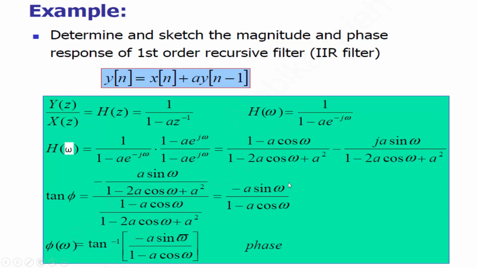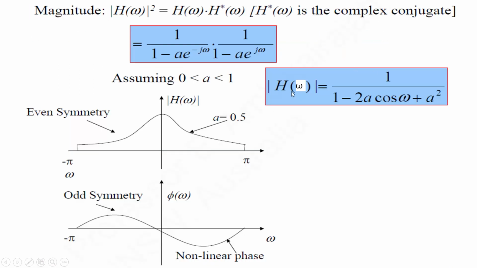All right, and you can further simplify, and you get this magnitude response. Further, assuming 0 is less than a is less than 1, you can also simplify the expression by another method, which is H of omega times the complex conjugate of H of omega.